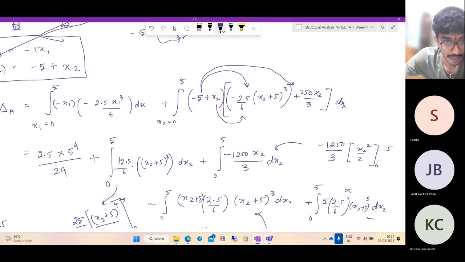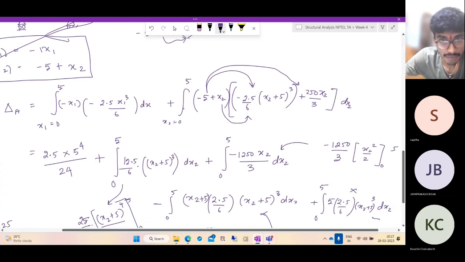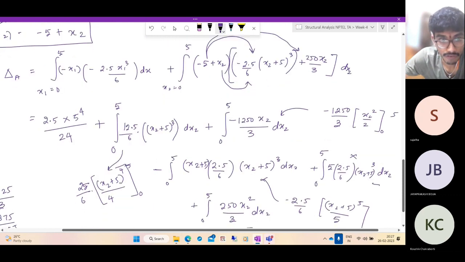By 24, okay, this is fine. This one you get x cube, so x power 4, 12.5.